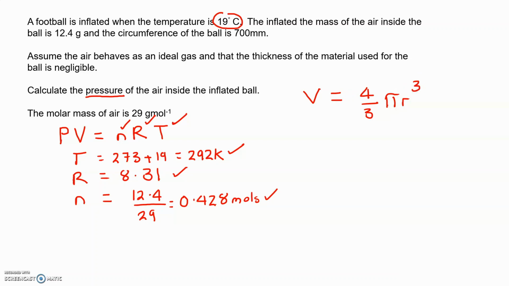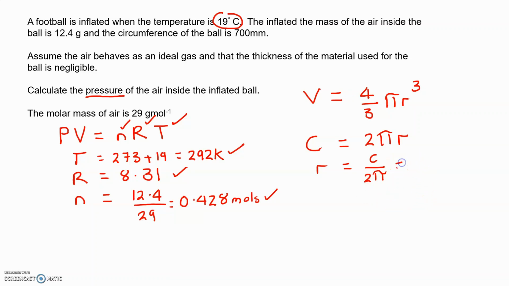We're not given the radius directly, we're given the circumference. Now you know that the circumference of a circle is equal to 2 pi r, and so the radius will be equal to the circumference over 2 pi.